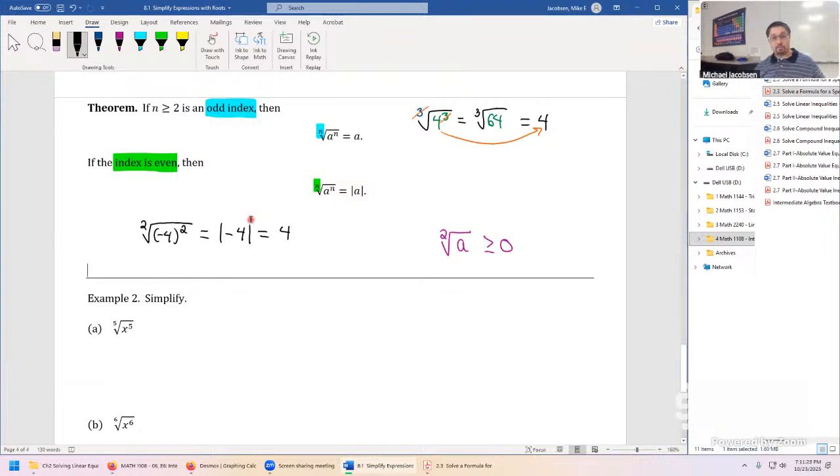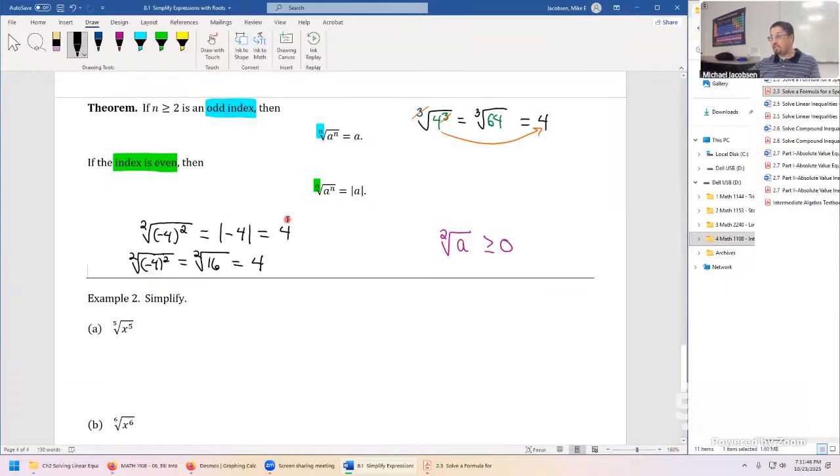If we didn't put in the absolute values and we said our answer was -4, we would have violated this idea. Or another way to look into it is the square root of -4 squared. If we did order of operations on this one, we would square -4. It would become the square root of 16, and the square root of 16 is 4 itself.